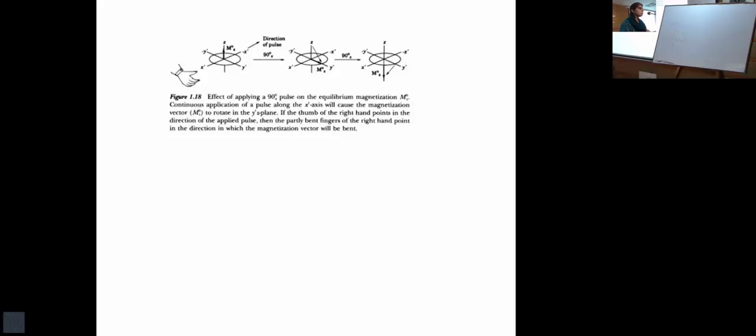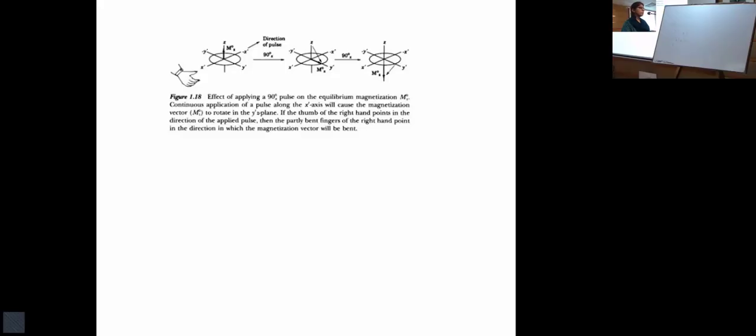Sir also gave you an example: for example, we don't want to see the coupled proton. We just want to see the C13, and we are not interested in seeing the attached proton. What we can do is bring in another radio frequency transmitter and switch on the radio frequency that matches that of the proton.